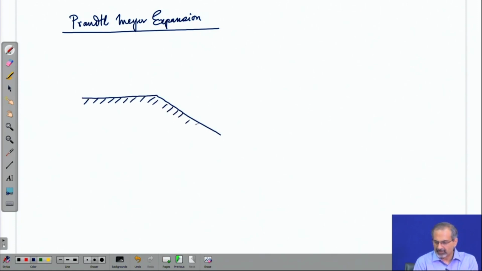We had briefly discussed it earlier. So, the surface over here is turning away, and therefore, it is going to expand the flow.